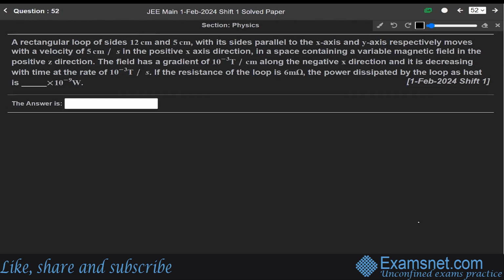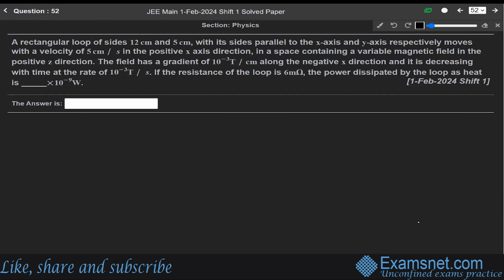Now the next question is 52. A rectangular loop of sides 12 centimeter and 5 centimeter, with its sides parallel to the x and y axis respectively, moves with a velocity of 5 centimeter per second in the positive x direction. The variable magnetic field is in the positive z direction, meaning outward.